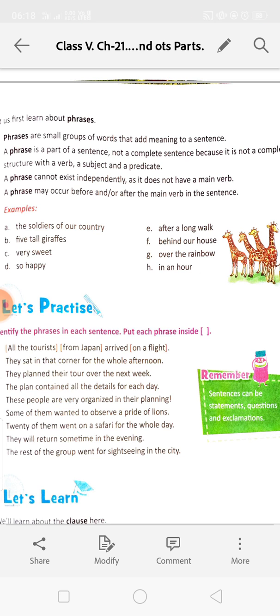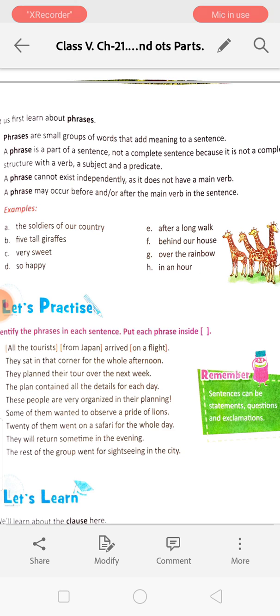According to the structure, there must be a verb in a sentence. Without the verb, it will be a phrase, not a complete sense. It will not be a sentence. So a phrase cannot exist independently as it does not have a main verb.